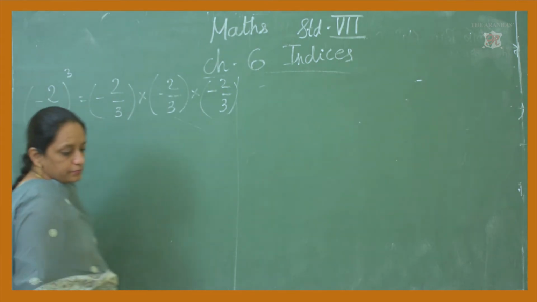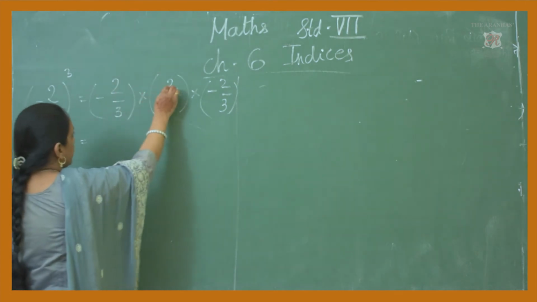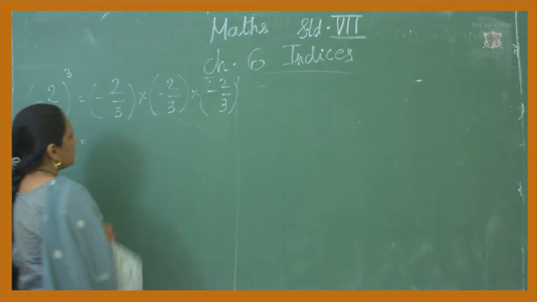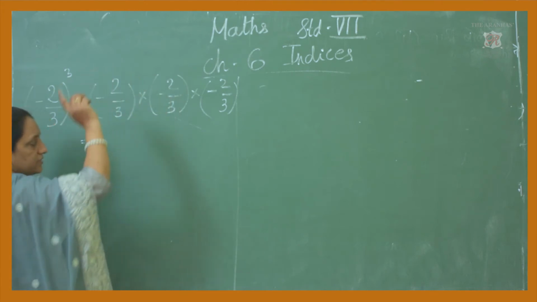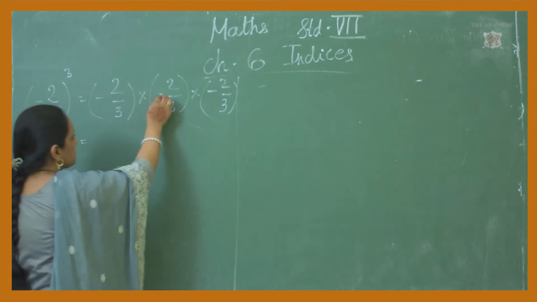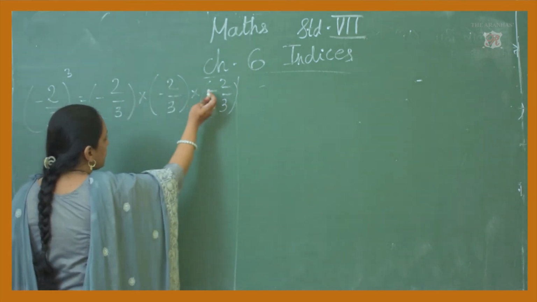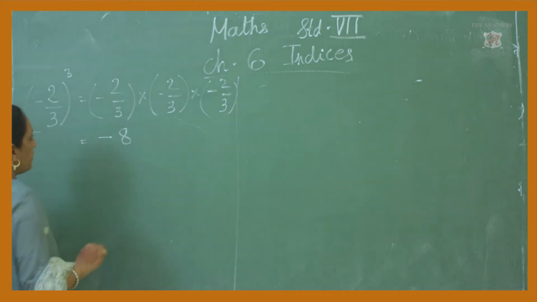So what you will get? See how they have written. You have to do 2 multiplied by 2, 4. 4 multiplied by 2, 8. Minus into minus plus. As we have seen in the lesson multiplication and division of integers, minus and minus becomes plus. Now this has become plus, this minus is remaining. That minus will come here. Here 8 will come. Why?